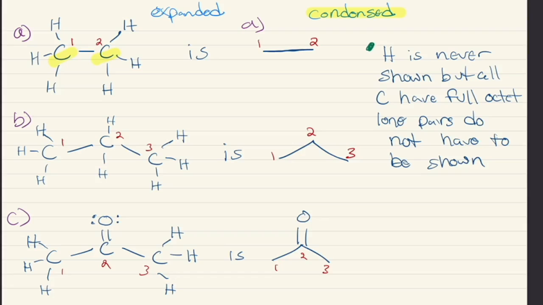And the reason for that is because each of these carbons has a tetrahedral geometry around it. So the bond angle of our condensed formula should be exactly the bond angle that we expect from a tetrahedral molecule, which is in fact 109.5.